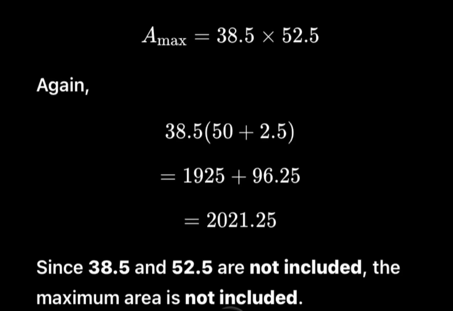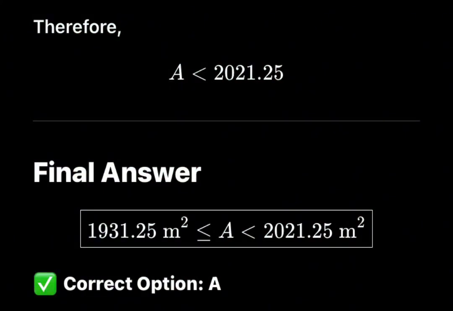They are not included. Therefore, the maximum area is not included, which means the inequality sign will show less than. So our final answer is 1931.25 meters squared is less than or equal to A, which is less than 2021.25 meters squared. So the correct option is option A.